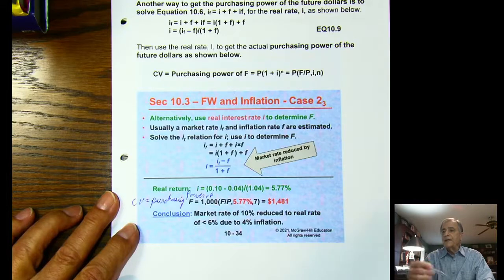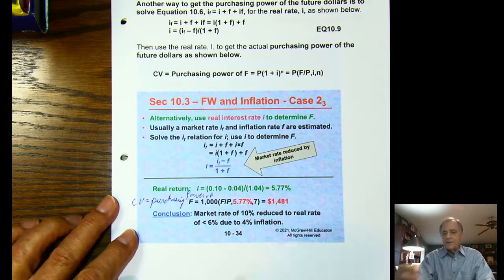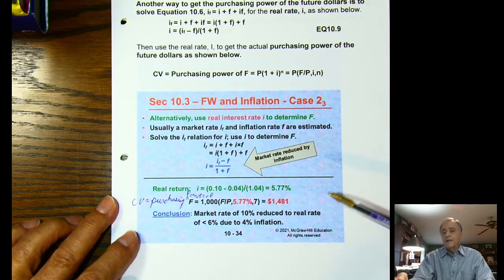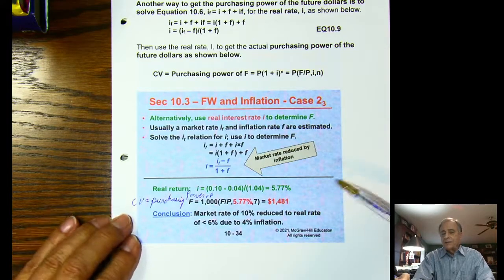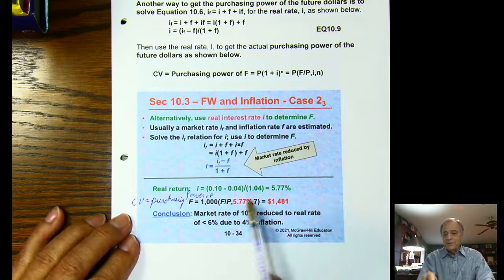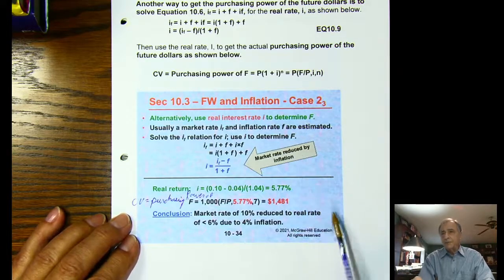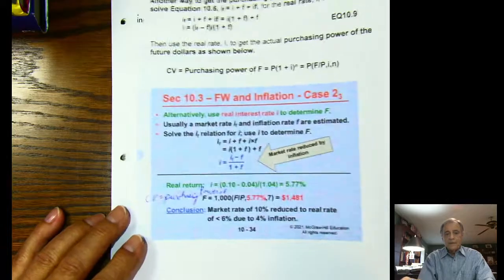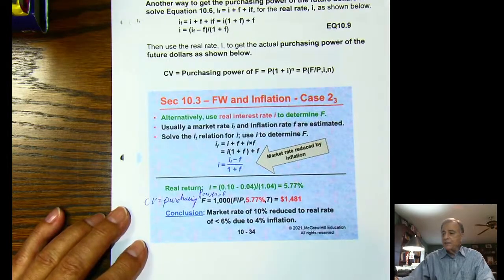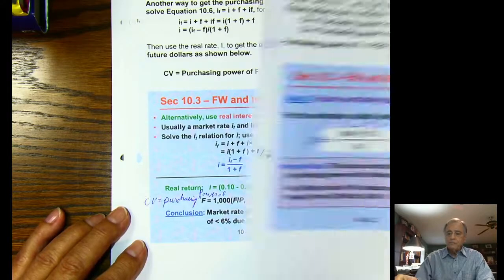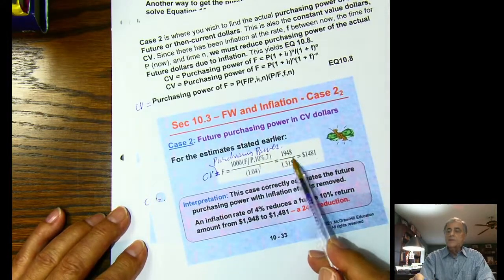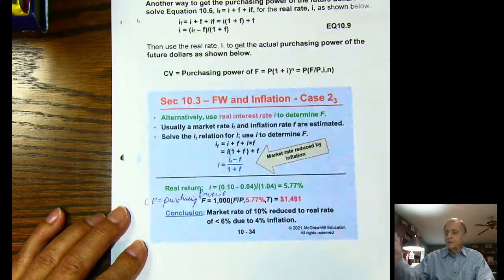So you've gained ground, so to speak, in buying power by investing your money at 10%, okay, but you haven't gained the full 10% because inflation has eaten up some of that, okay. The full 10% gain would mean that you could buy $1,948 worth of goods and services.